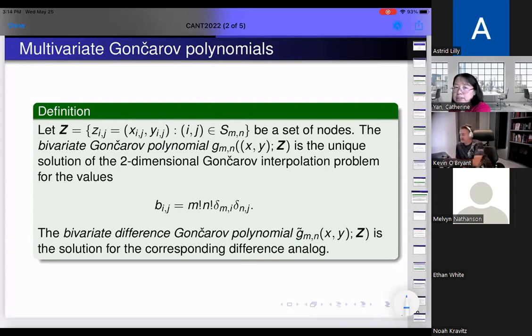For scaling purposes, you multiply by m factorial times n factorial to guarantee that the polynomial obtained has leading coefficient 1. For the classical partial derivative, you get the two-dimensional Gončarov polynomial G_{m,n}(x, y), and if we use the difference operator, we call it tilde G_{m,n}, the difference Gončarov polynomials.